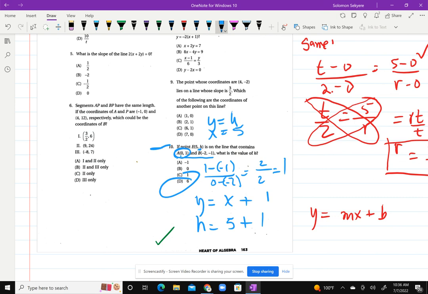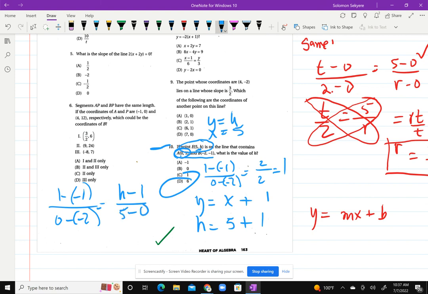What other way could you have done it? Since they all lie on the same line, you could have written an expression for the slope of the line using 1 minus negative 1 over 0 minus negative 2. It should be the same as using this point E and any one of the points to write an expression for slope. So if we use E and A, it will be h minus 1 over 5 minus 0.